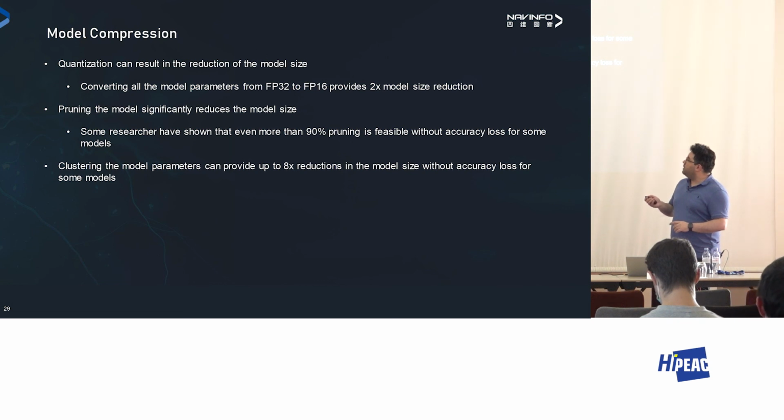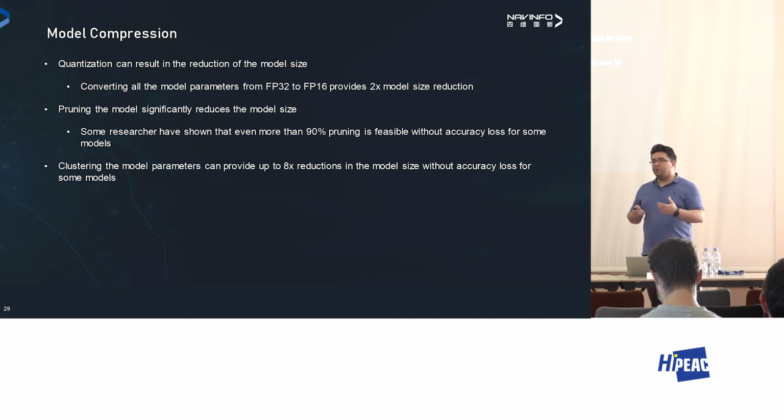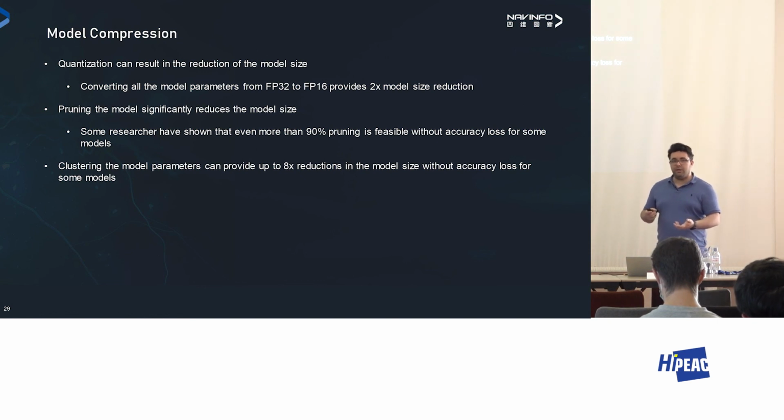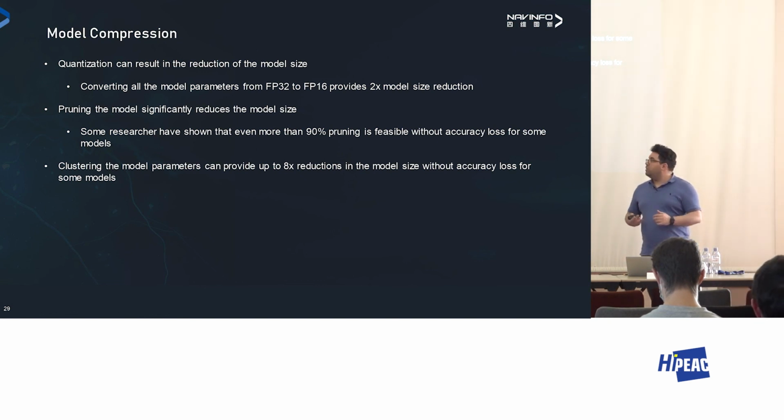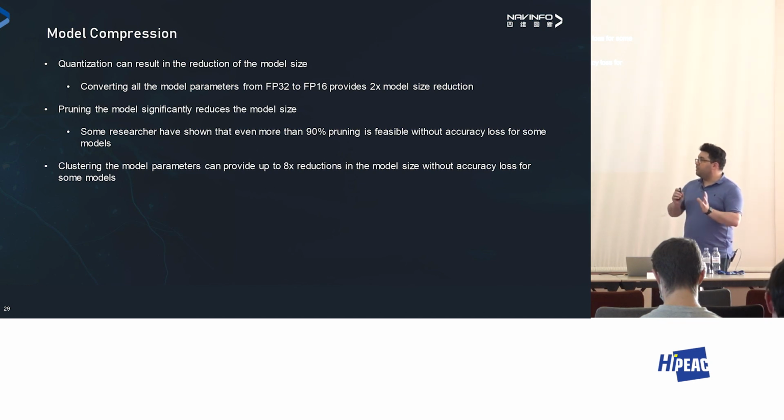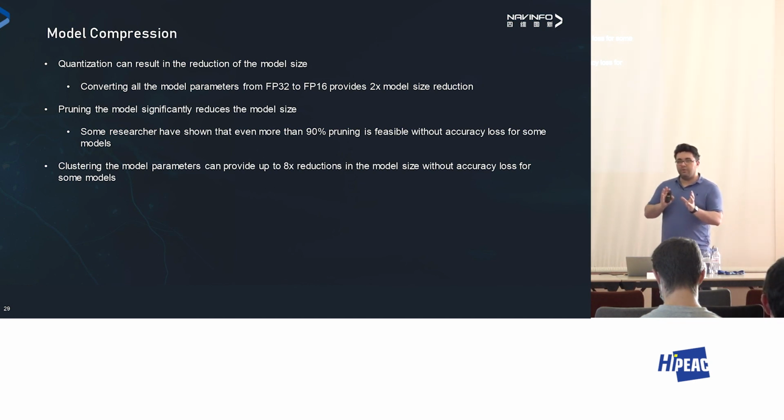Clustering the model parameters can provide up to 8x reductions. There have been lots of works showing that you can use only 16 clusters, for which you need 4 bits, to do inference with basic models, or in some specific domains like speech recognition, or problems where the complexity is not that significant and you are able to capture it with these kinds of techniques, along with some other tricks.